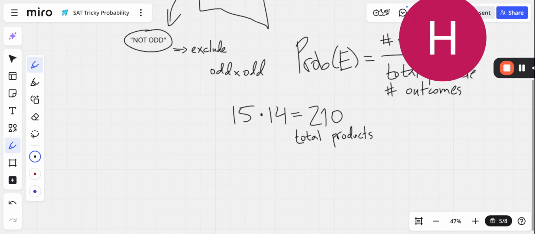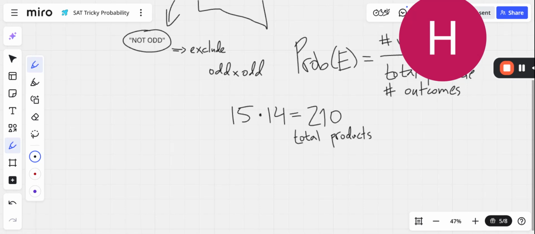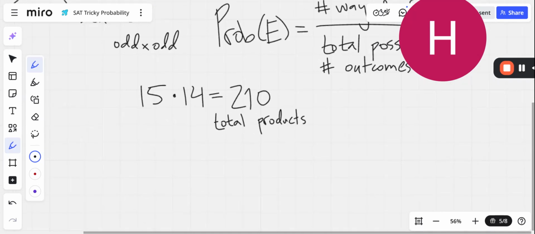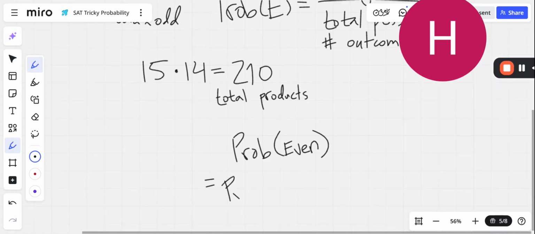So how many odd products do we have? We want the probability of a not odd. So the probability of an even, because there's no 0 involved, is the probability of a not odd product.